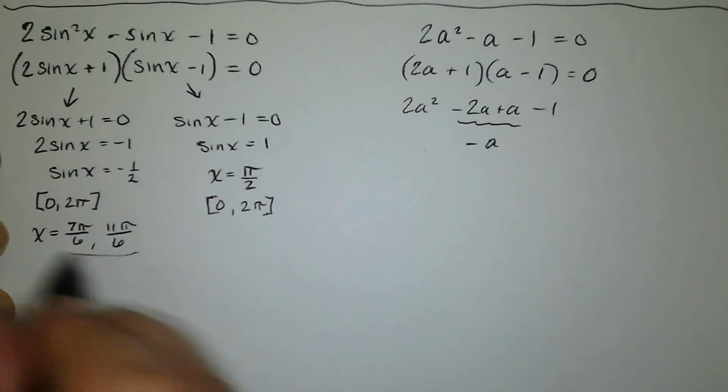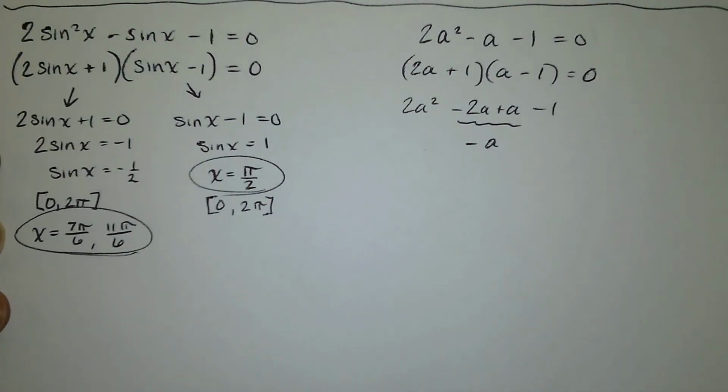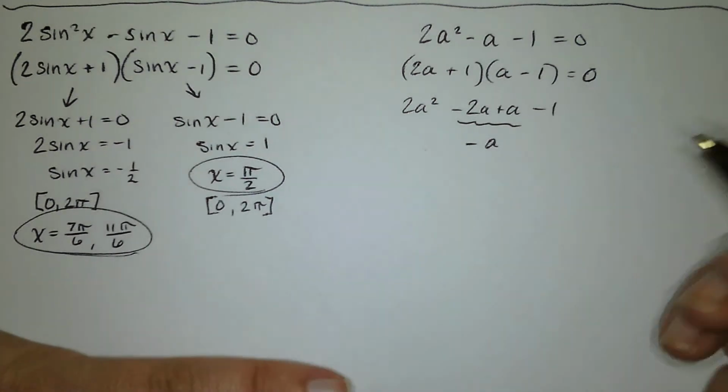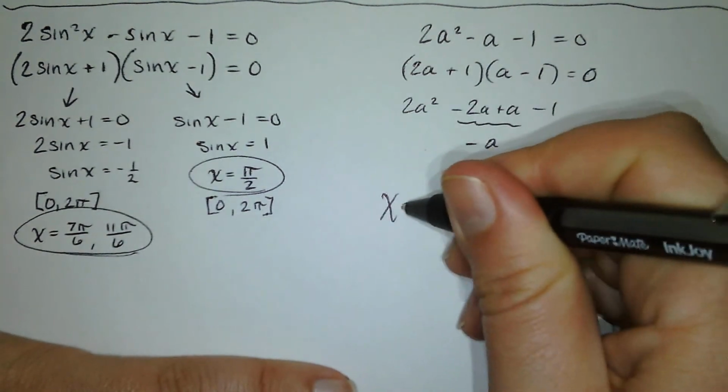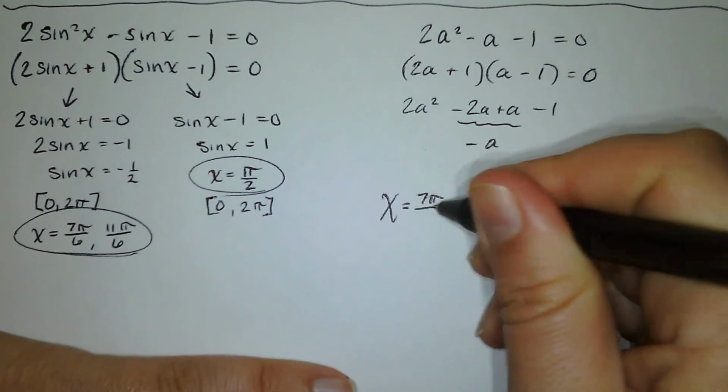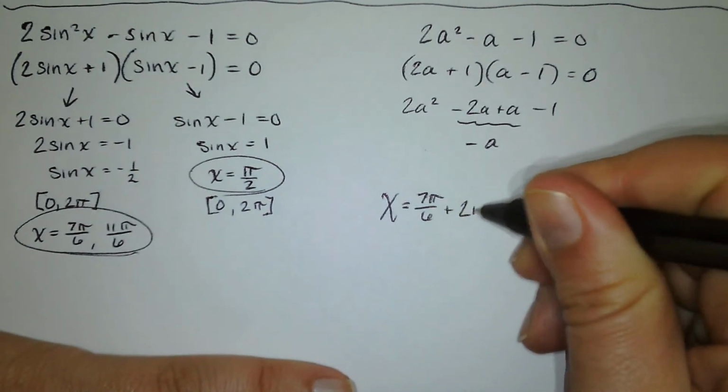So these are the solutions in that interval, but we want all the solutions on the entire number line, so we have to write them just like we did before. All right, so x equals 7 pi over 6 plus 2 pi n.